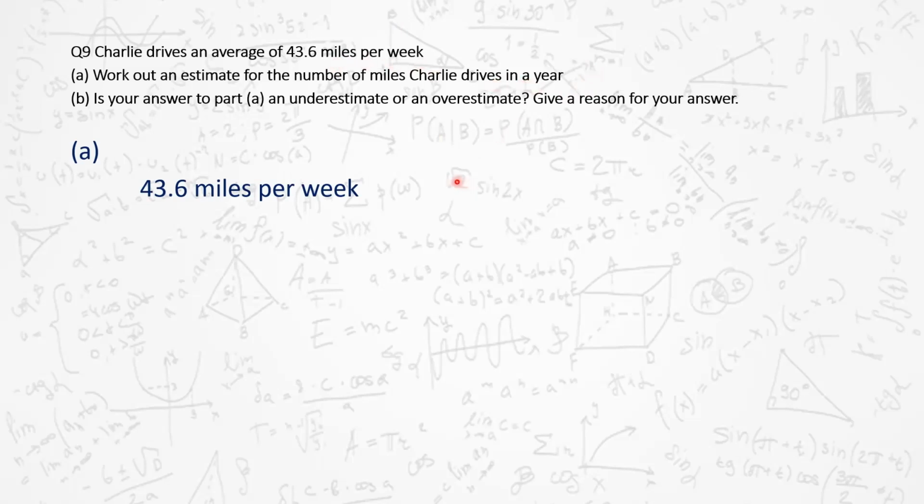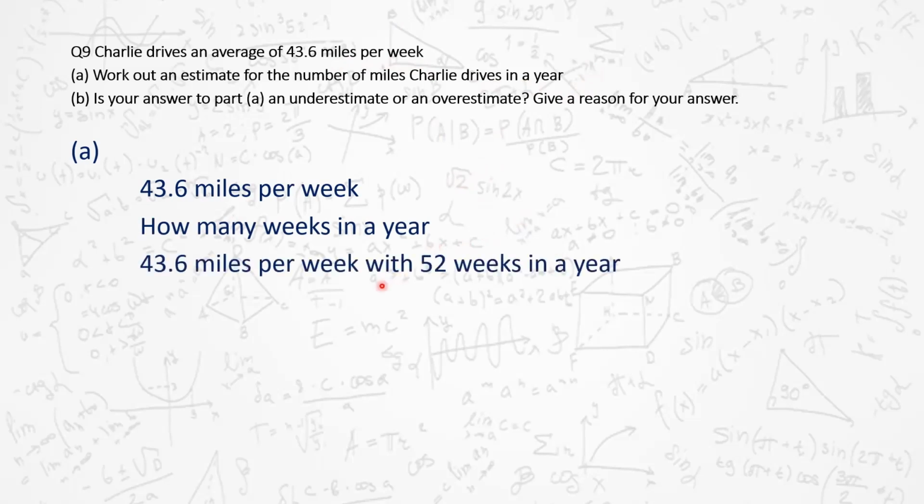In a year, how many weeks in a year? That's a question we need to answer. So there are 52 weeks in a year, so that should be common knowledge. So what we need to estimate now becomes 43.6 miles per week with 52 weeks in a year.